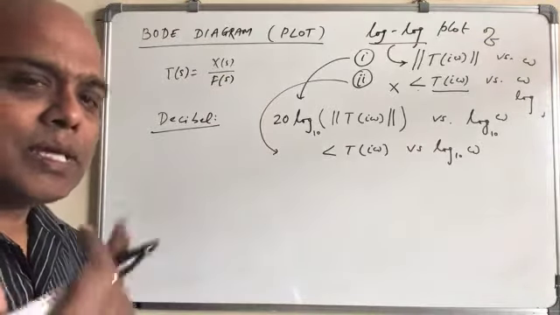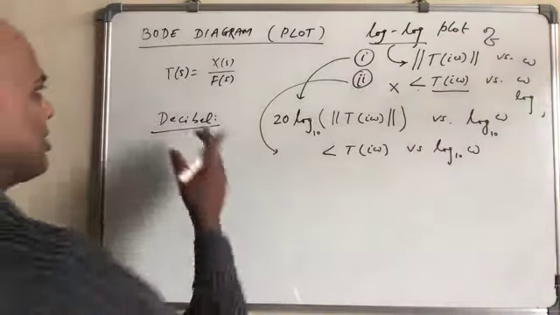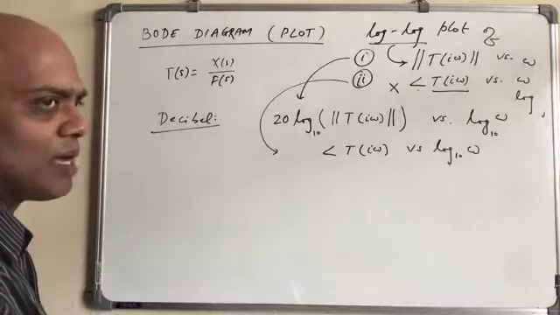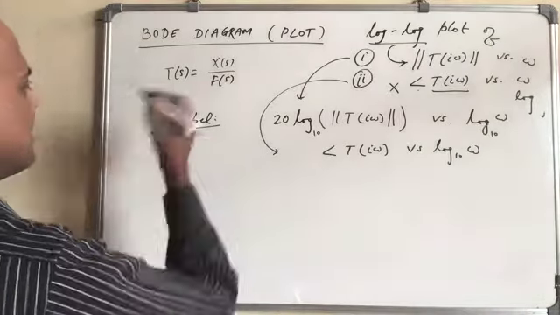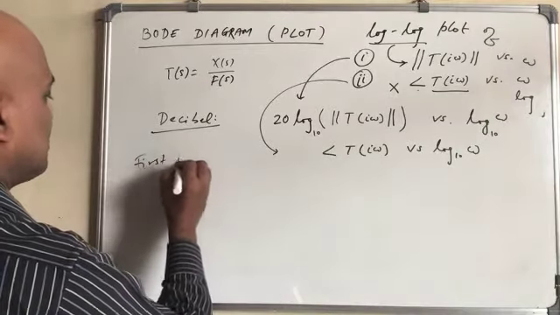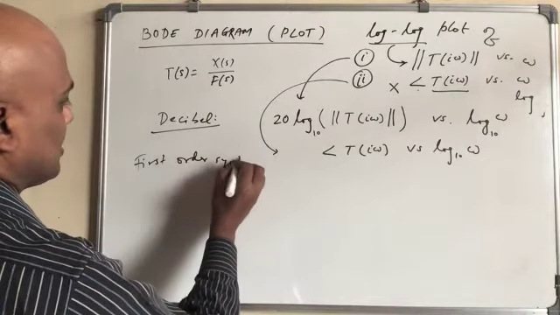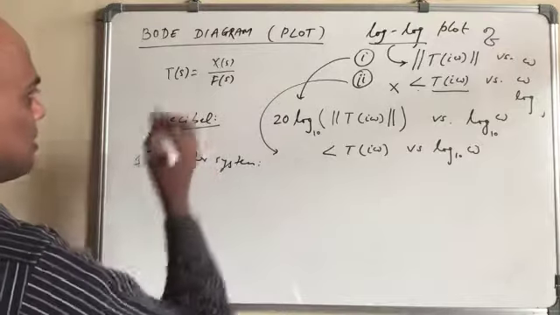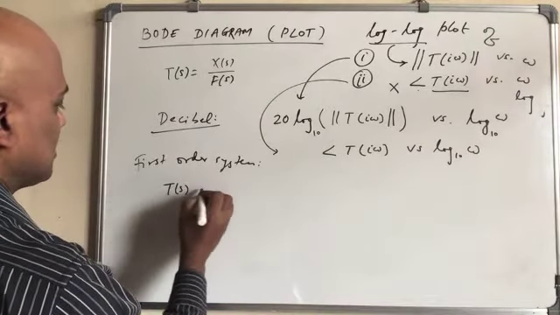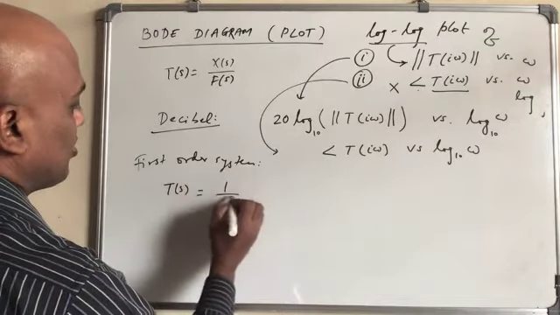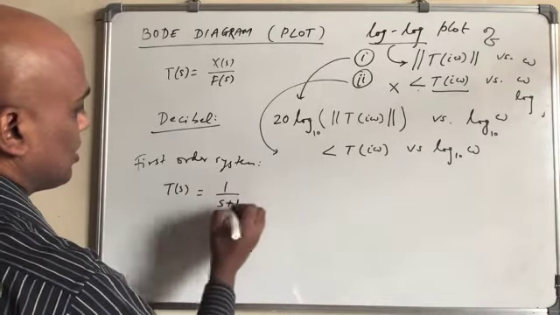So the next thing is drawing actually. Let us understand by an example. Let us say a first order system. Take one example: T(s) is equal to 1 over s plus 1, for example.